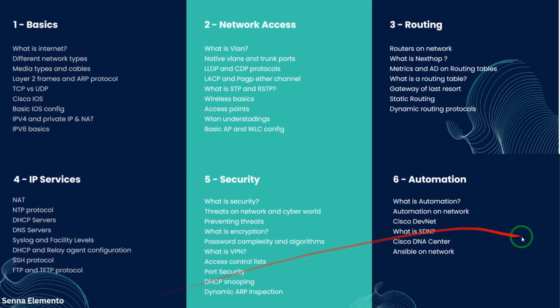On security, which is for CCNA Security, on this course we're just going to cover what is security and that's it. Not really going to go through the details. And the automation, which is again going to cover some basics about automation and why do we need automation on our network.